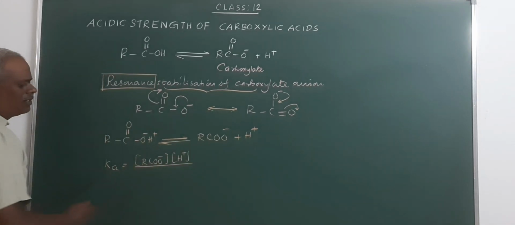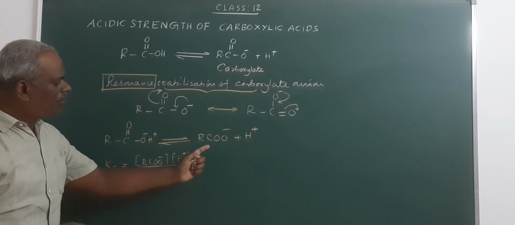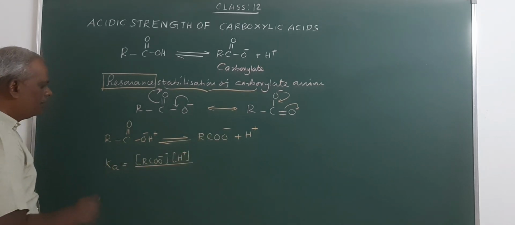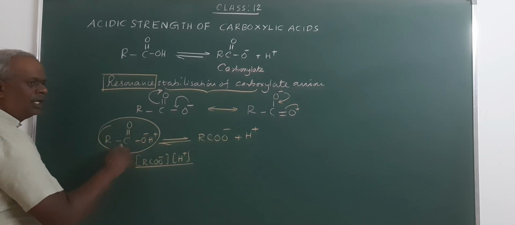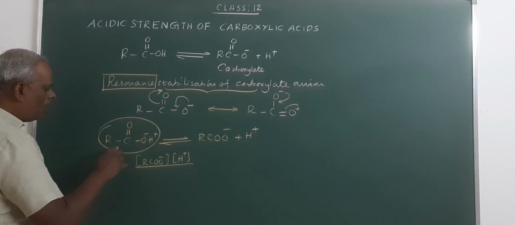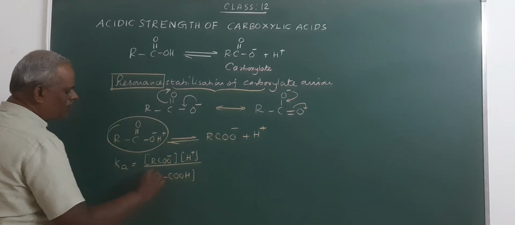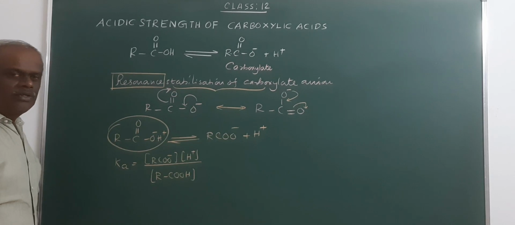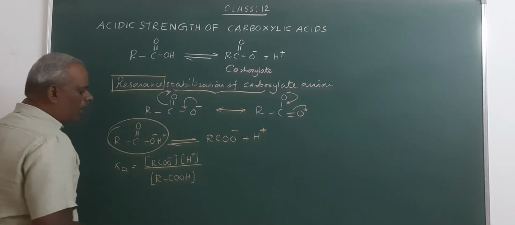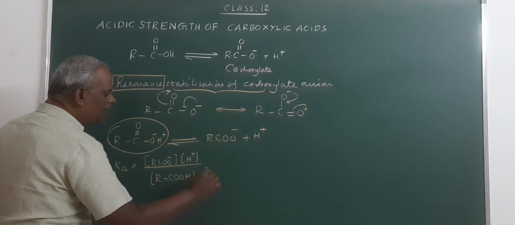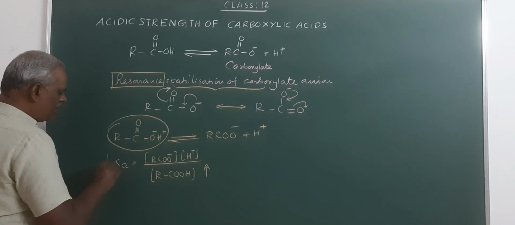where the square brackets denote the active mass, the molar concentration, of carboxylate anion and hydrogen plus, divided by the concentration of undissociated RCOOH. Suppose it is poorly dissociated: the undissociated molecules are greater in concentration, so ultimately Ka would be lesser.